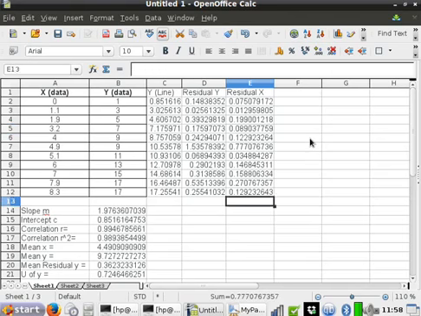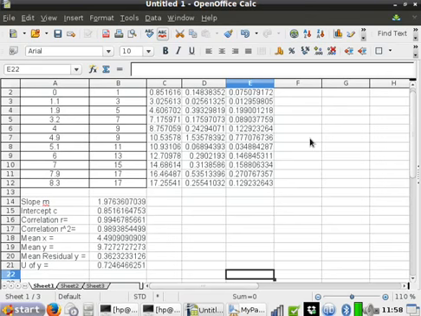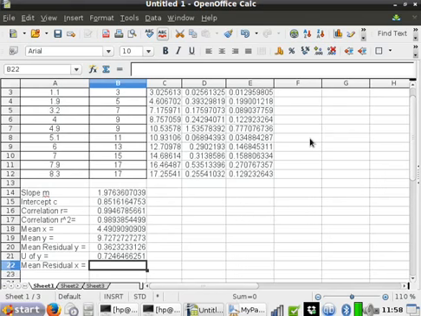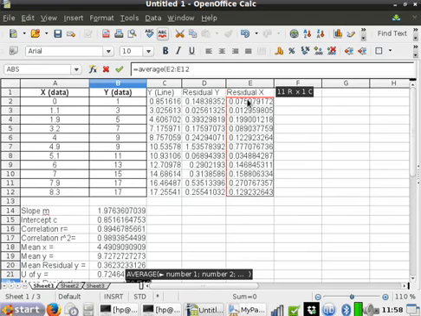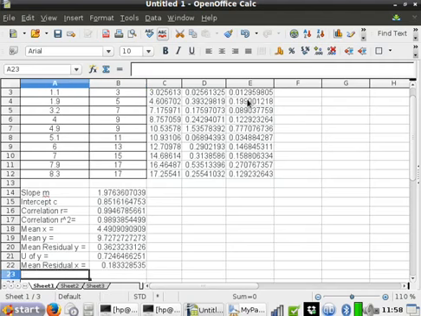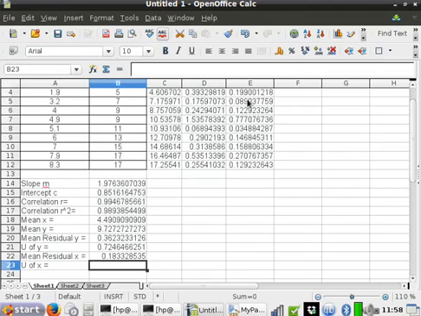Now we can calculate the uncertainty in the y. The mean residual first in the x, that is, average all of these points. And now the uncertainty of x equals twice the last number.